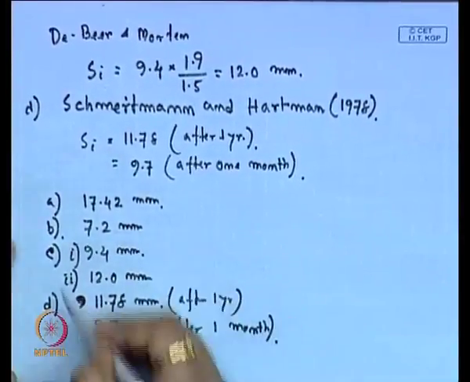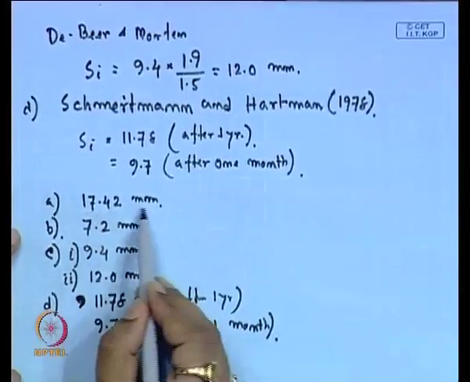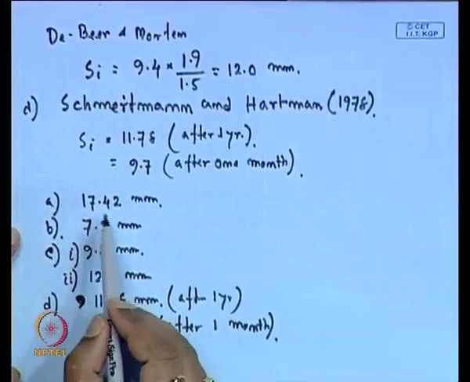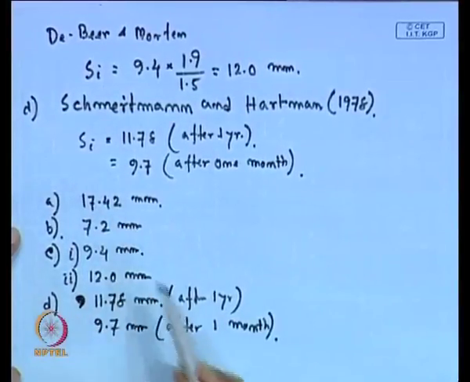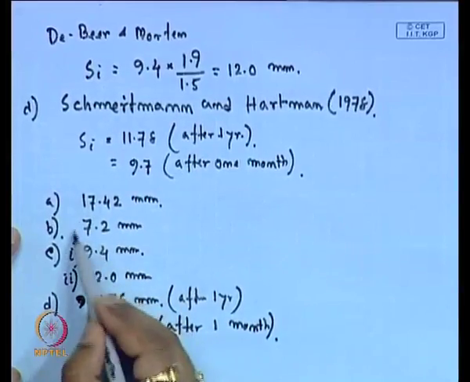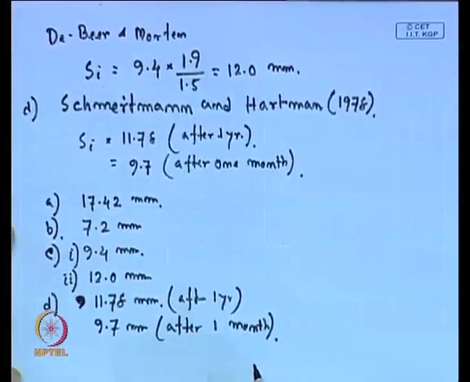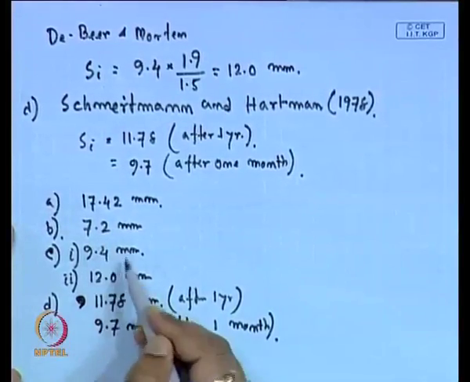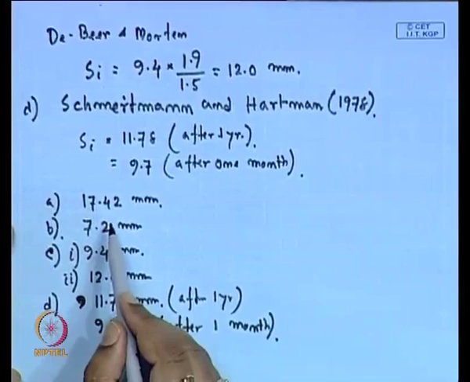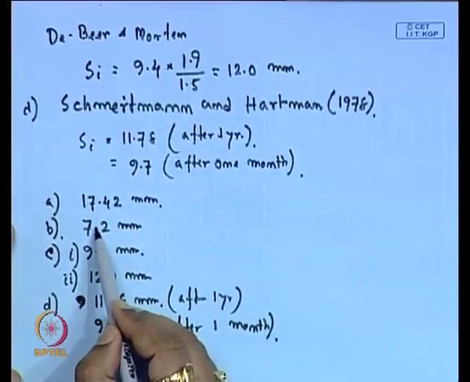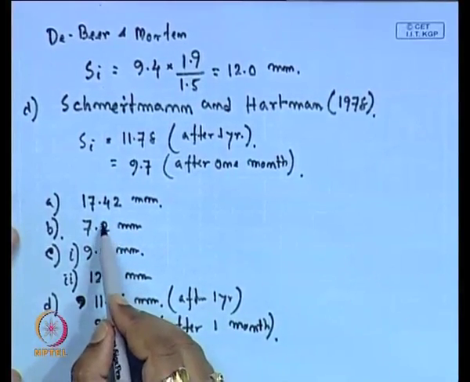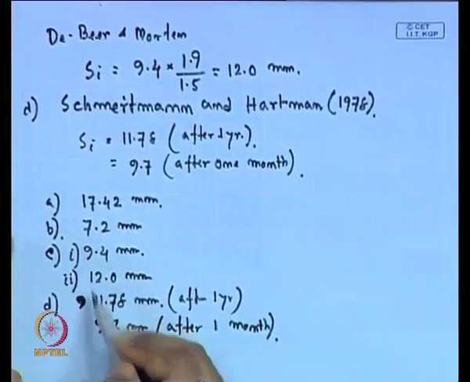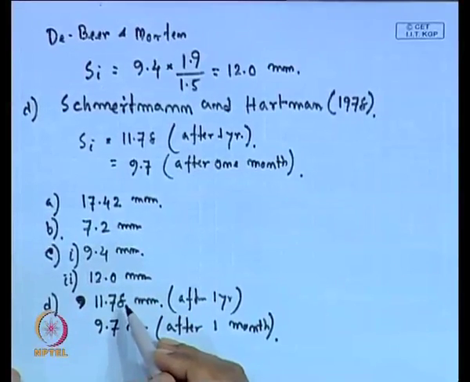So, from these things we can say that the elastic theory is giving higher settlement, that means it overestimates the settlement value, and the semi empirical method is giving the lowest settlement value, and the other values are more or less the same. Only the maximum one is given by the elastic theory and the minimum by the semi empirical method, whereas by using the SCPT value, these values are almost the same.